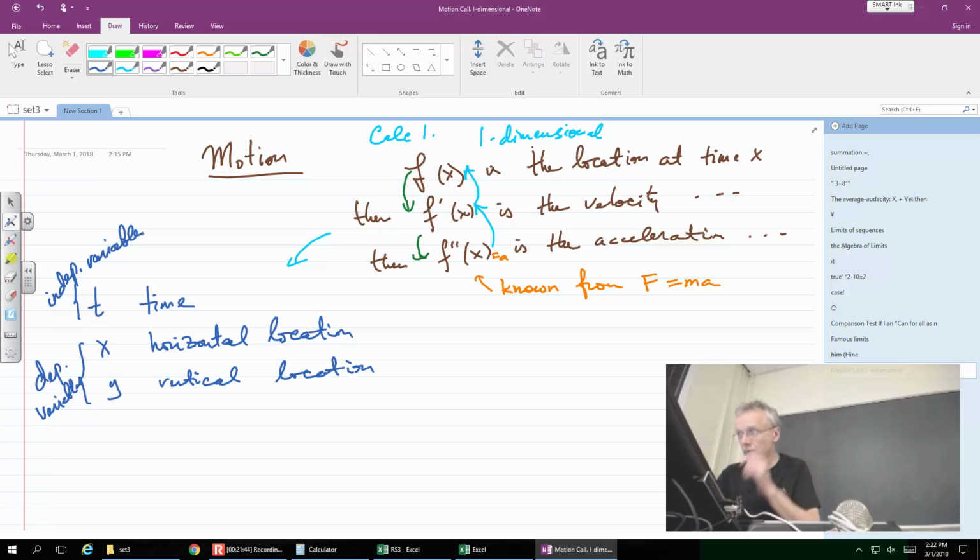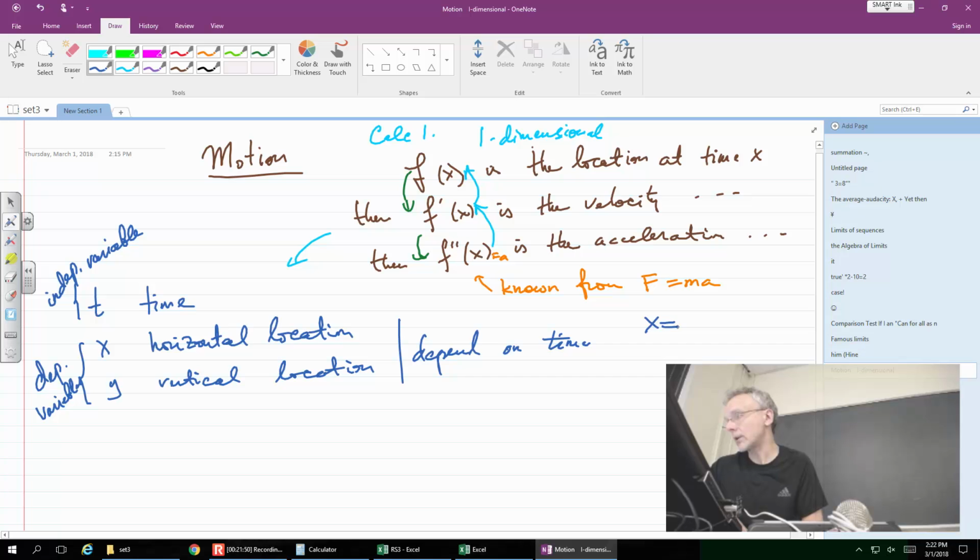So you can say x equals f of t, y equals g of t, and there is really no trouble for us to repeat this idea.